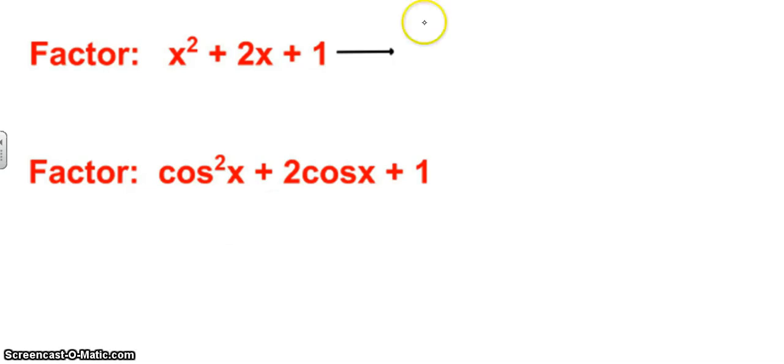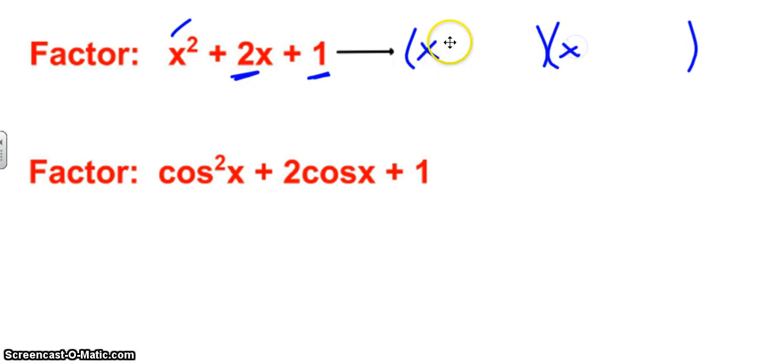Factor. We are looking for things that multiply to 1 and add to 2. So starting with x and x, I'm going to go plus 1, plus 1. Don't set it equal to 0. Don't solve for x. This is just simplifying expressions.